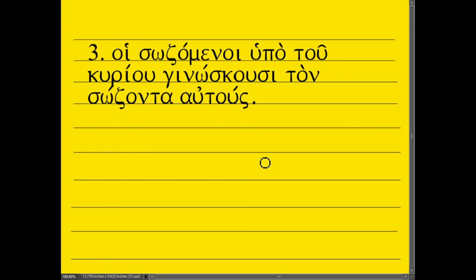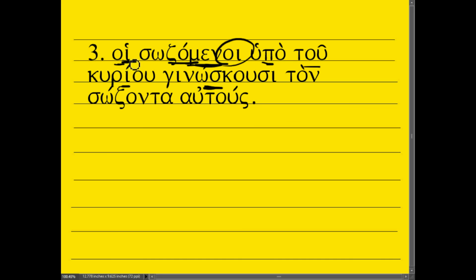And our final example, number 3, those who are being saved by the Lord know him who saves them. So, those who are being saved, hoi sodzomenoi, the being saved, and notice it's the subject of the sentence, so we have it in the nominative, the saved by the Lord ones, those who are being saved by the Lord, ginoskousi, they know.